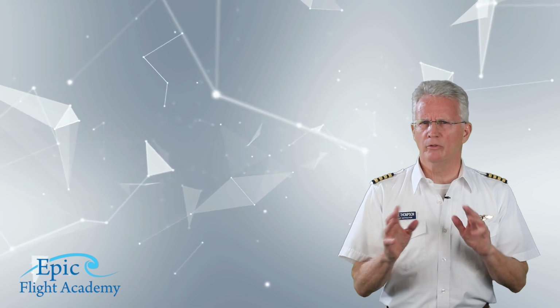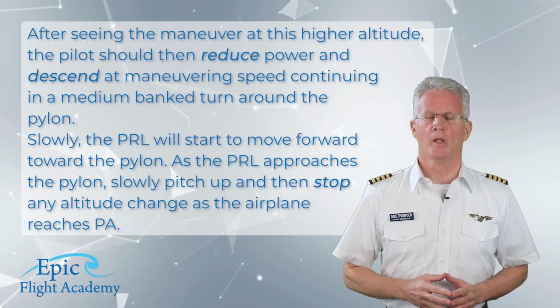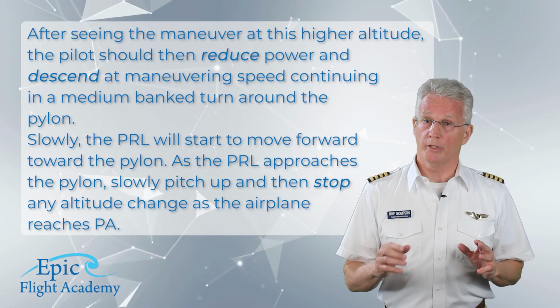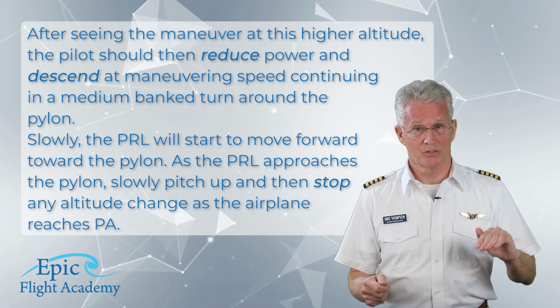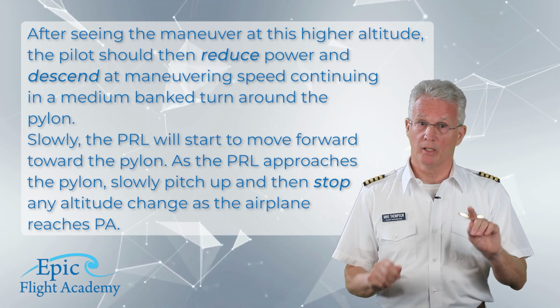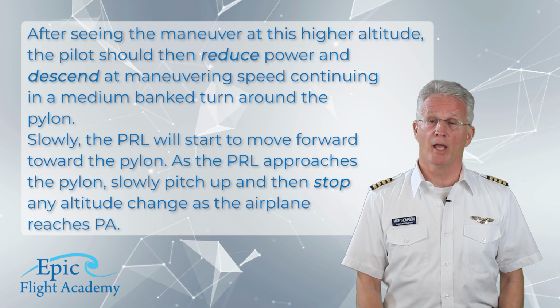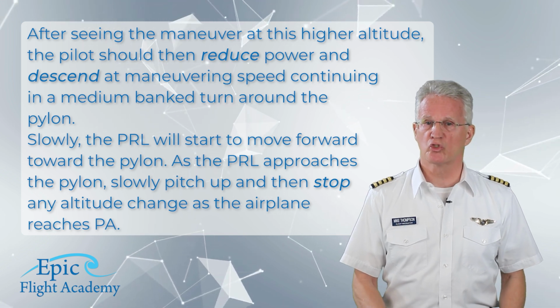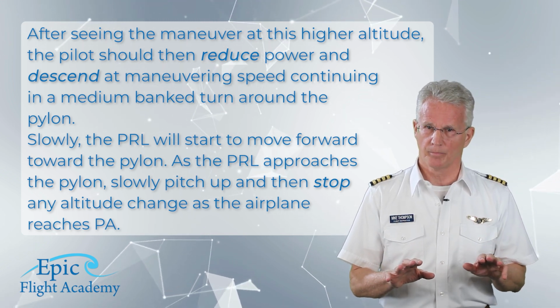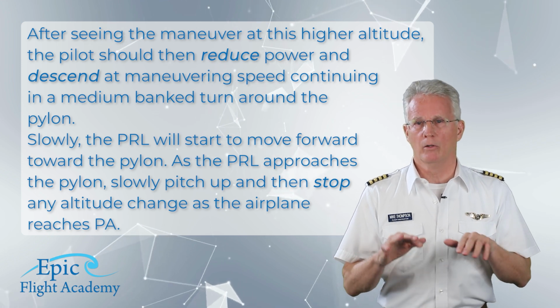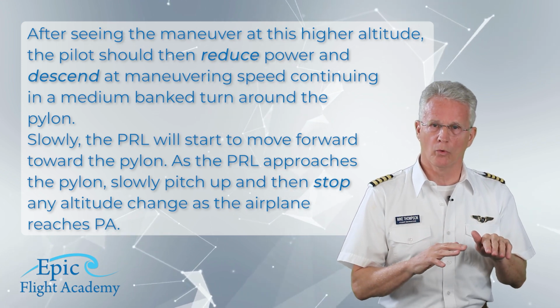After seeing the maneuver at this higher altitude, the pilot should then reduce power and descend at maneuvering speed, continuing in a medium bank turn around the pylon. Slowly, the PRL will move forward toward the pylon.